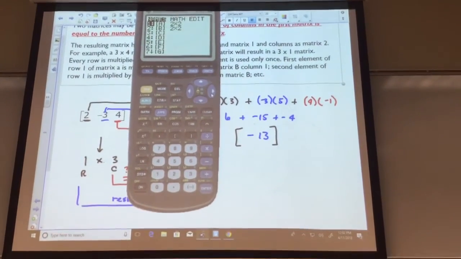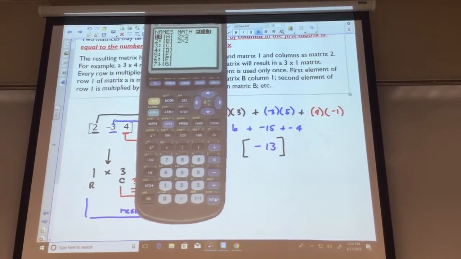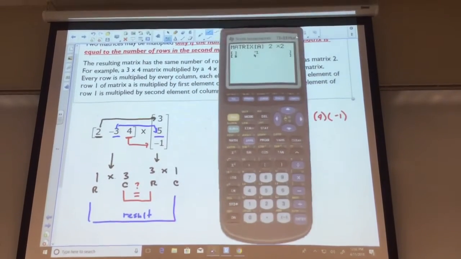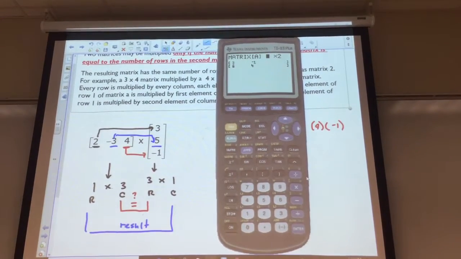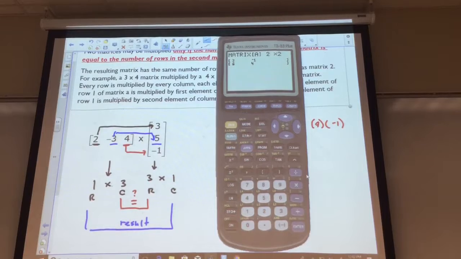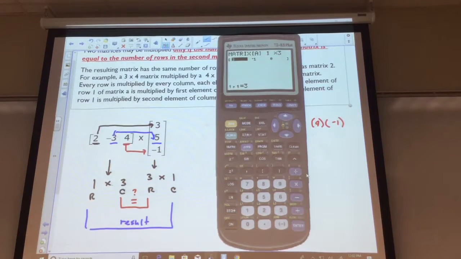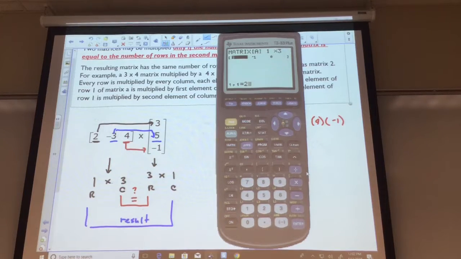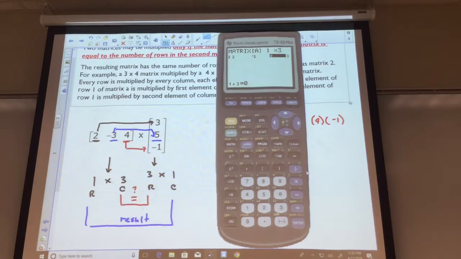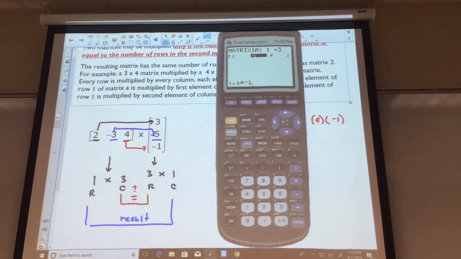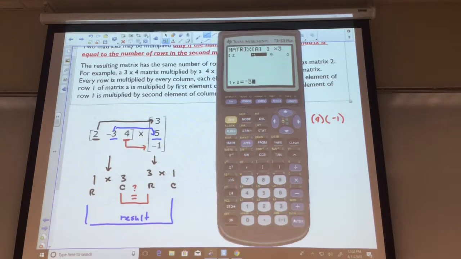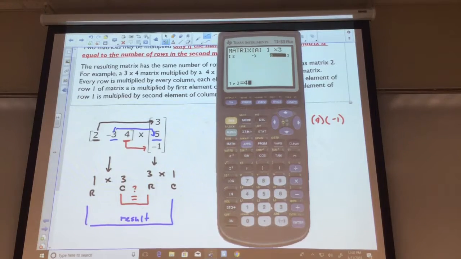We have two matrices. Our first matrix is how large? One row, 3 columns. Does the template look right? And the numbers respectively are 2, -3, and 4.